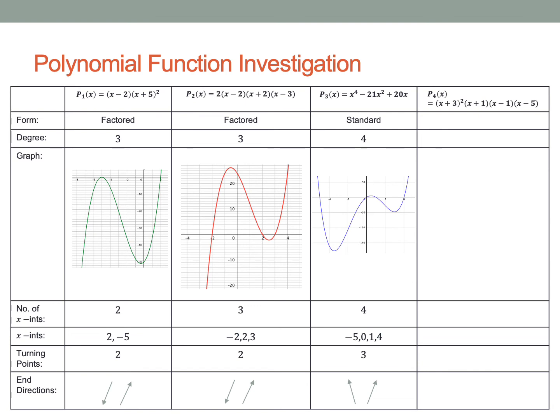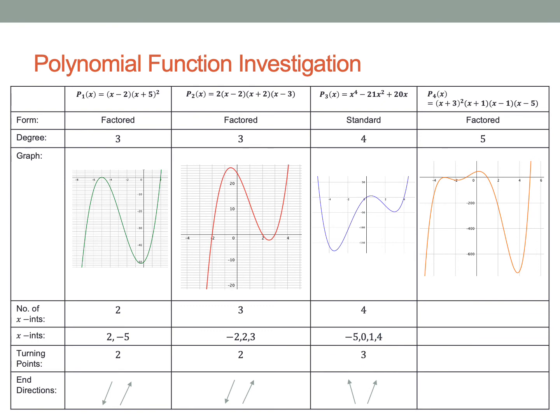This is in factored form. This is degree 5, okay? This is a quintic graph. So exciting. So the graph looks like this. It has 4 x-intercepts.